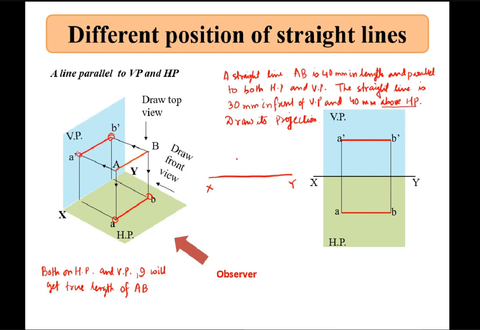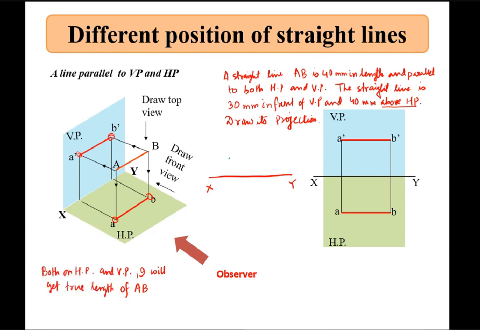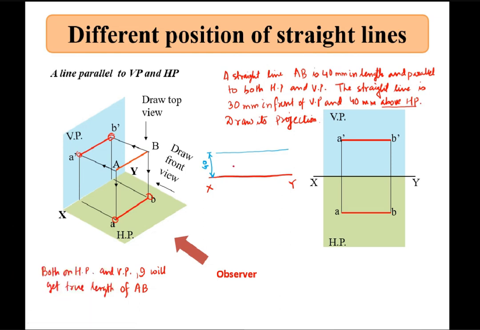So 40 mm above, I draw a thin continuous line like this. So this is 40. Now I locate points A and B on this line.